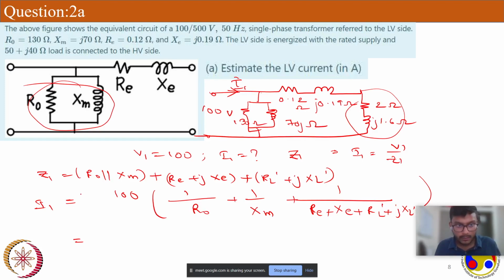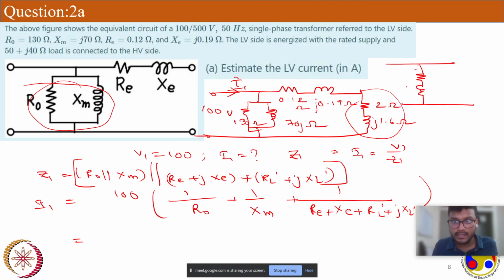See, that's why I'm not able to get it. So this R0 is parallel to Xm. That is in parallel to Re plus jXe plus this one. That's where I'm thinking. See, let's say this R0. This is the parallel branch. This is R0 parallel to Xm, and this will be in series with Re plus RL dash, and this is Xe plus XL dash.